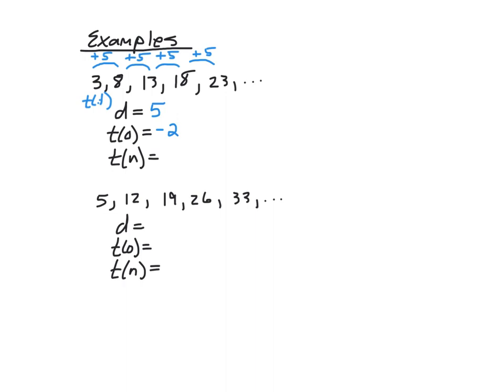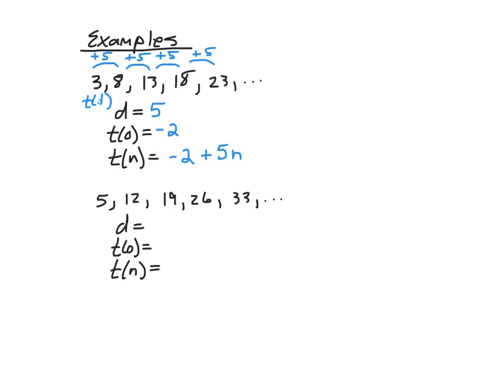Then t of n is simply negative 2 plus my common difference, 5 times n. Now I can get any term I want in that sequence by plugging in the term number for n and then solving. Let's look at the next one.